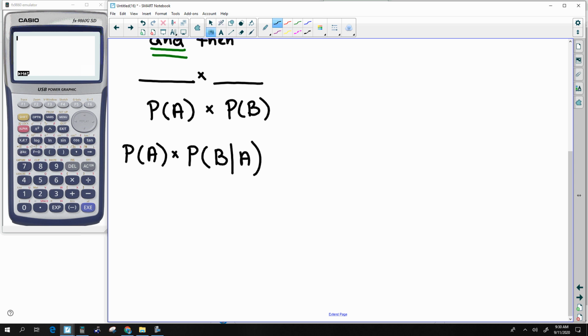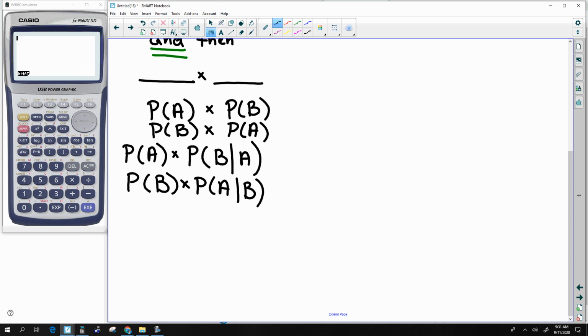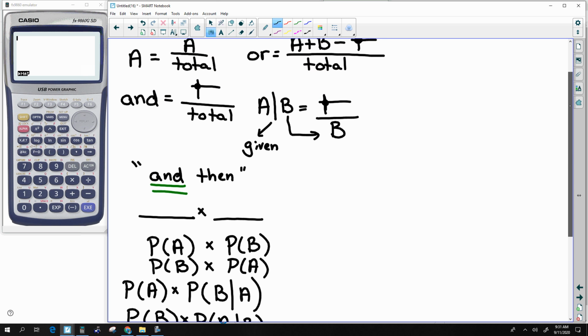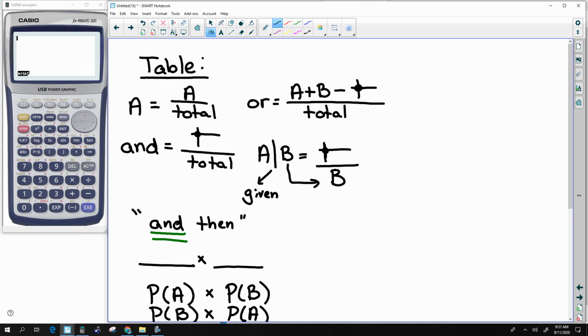Or vice versa, just like you could multiply the probability of B times the probability of A. It doesn't really matter as long as the A is with the B. So those are your various probabilities. Again, or is the same for both tables and normal problems. Just note that is the word and when you're doing the and problems, versus the or problems.